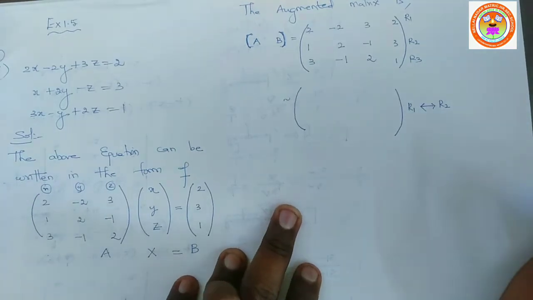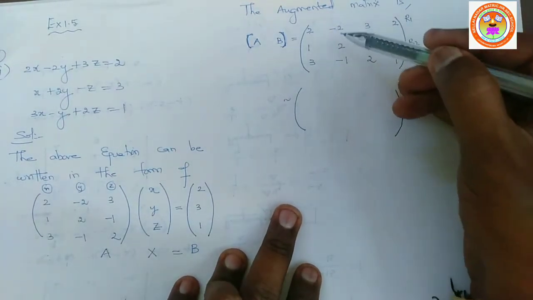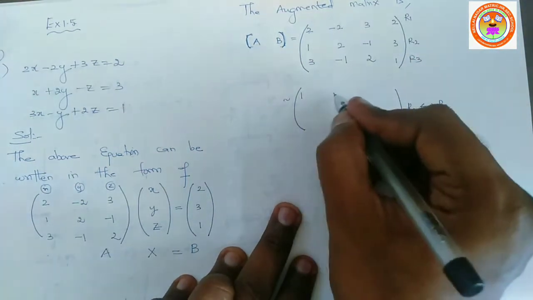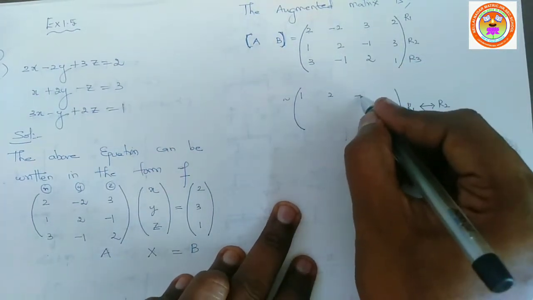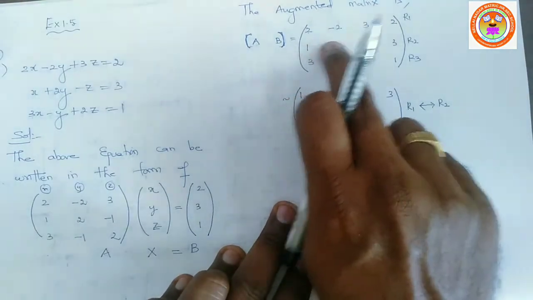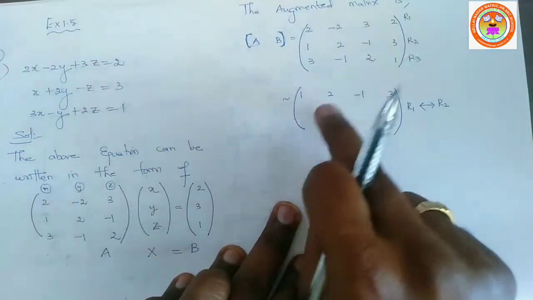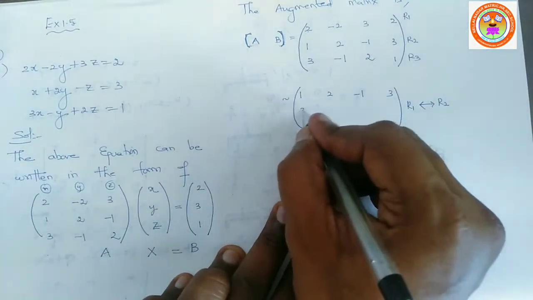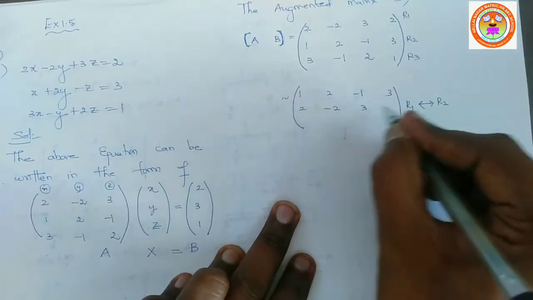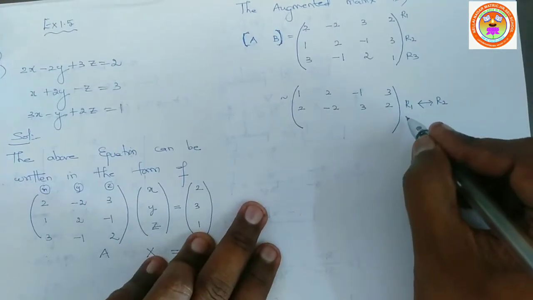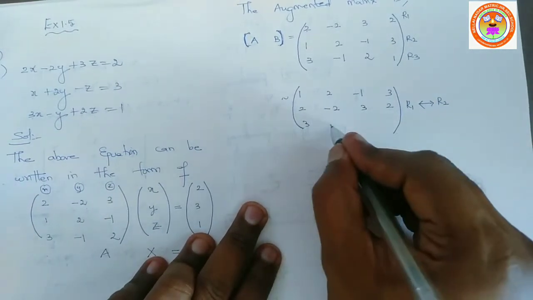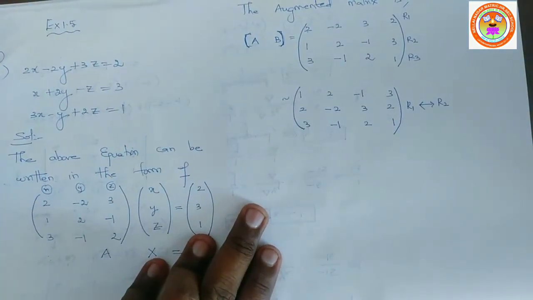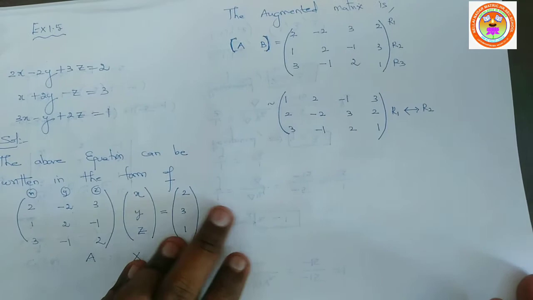R1 will move towards R2 and R2 will move towards R1. So R2 comes to R1: 1, 2, minus 1, 3. R1 comes to R2: 2, minus 2, 3 and 2. And R3 remains as it is: 3, minus 1, 2 and 1. So no problem in this sum.